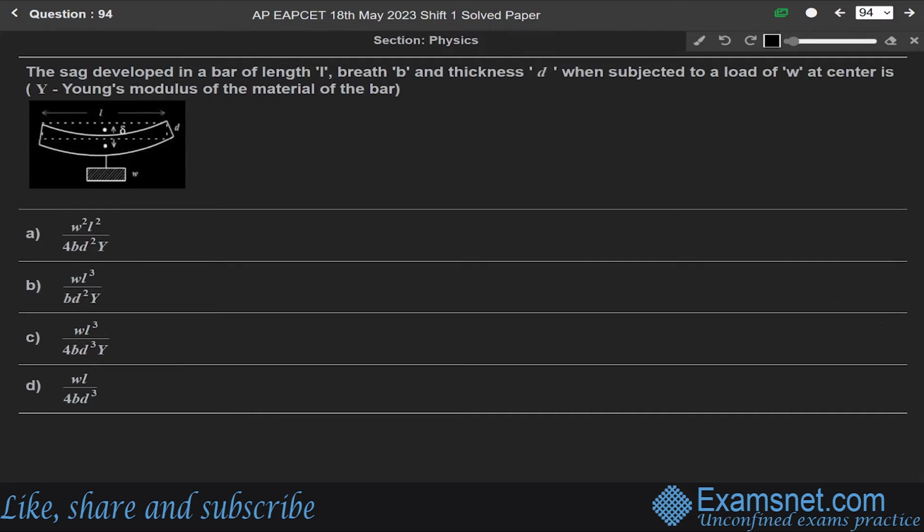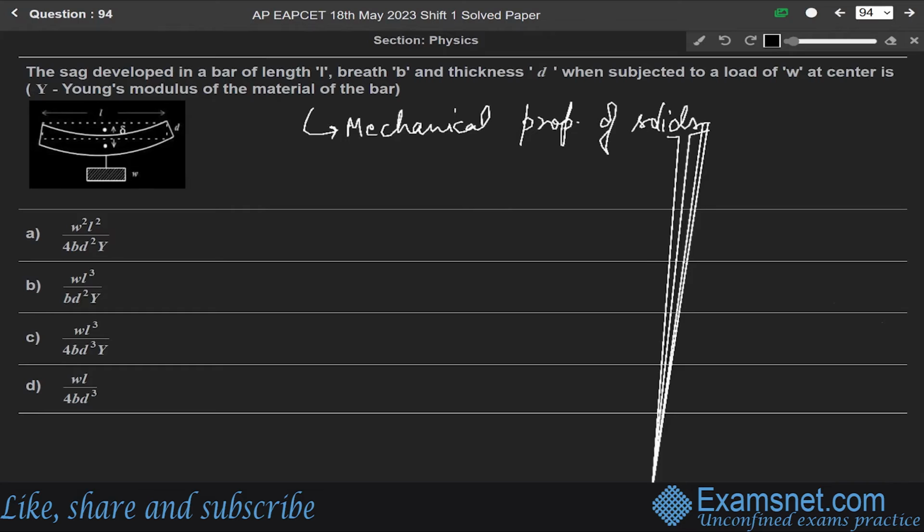The sag developed in a bar of length L, breadth B, and thickness D when subjected to a load of W at the center is given by. So this question is from the chapter of mechanical properties of solids. There is a direct formula for such type of questions in the theory part also.